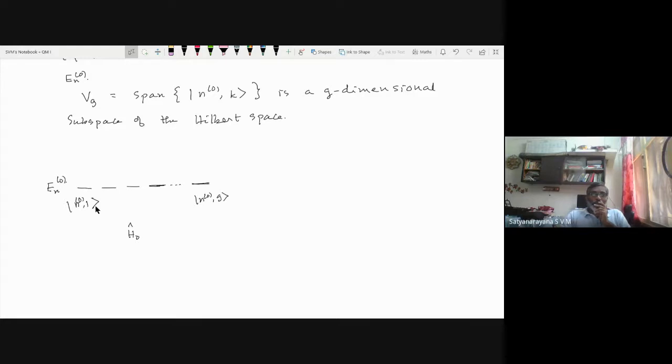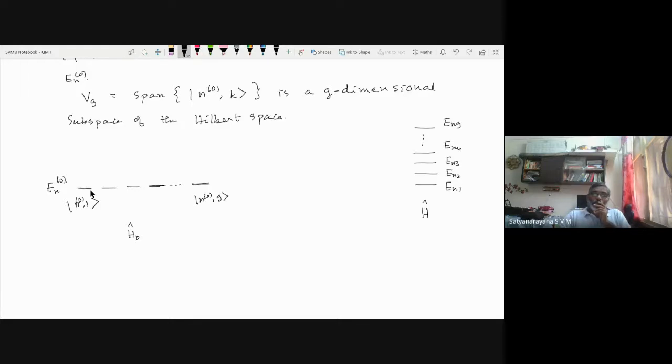When I apply a perturbation, these states may have different energies. So this can be En1, En2, En3, En4, and so on up to Eng. The energy for the full perturbed problem can be different.